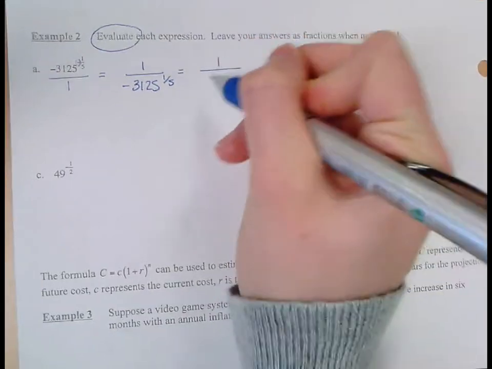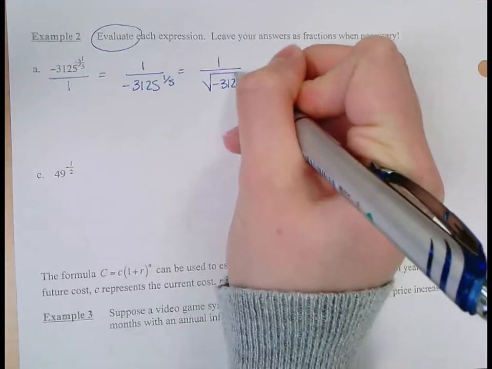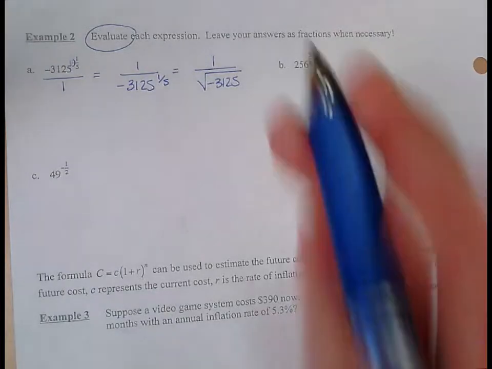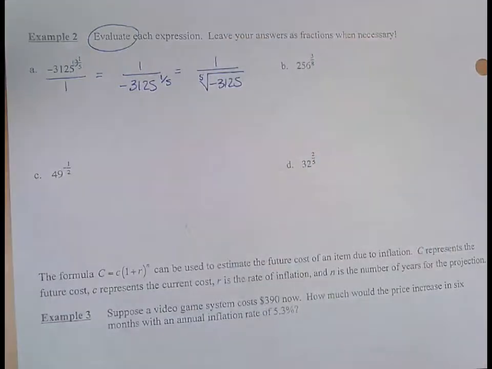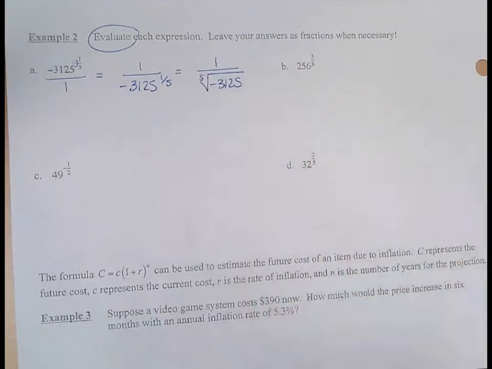So I'd have 1 over, I know I'd have the negative 3,125 in the radical. What does the 1/5 mean? The 5th root, yes. Okay, you can have a 5th root or an odd root of a negative number. Your answer will not be imaginary here.